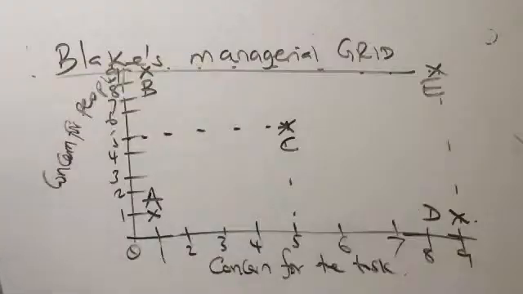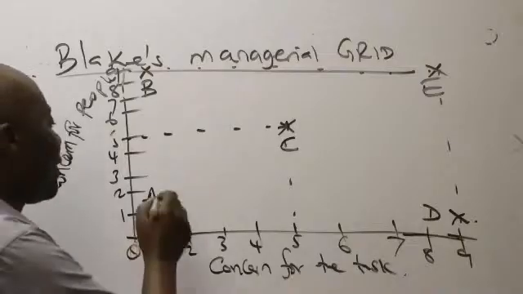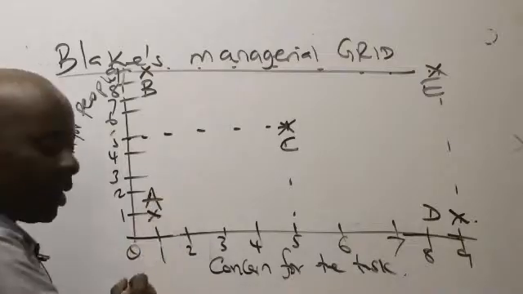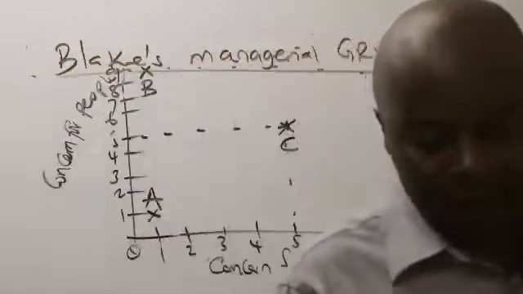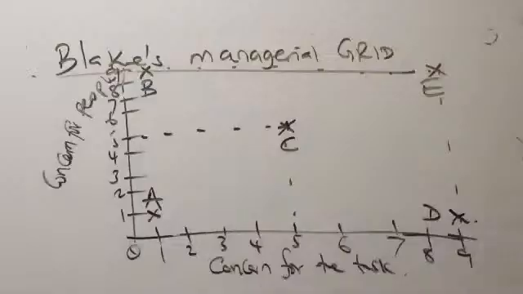So manager A is who? What characteristic does he exhibit? This one we call the impoverished style. So A is the impoverished style. Let me try to zoom my camera for me to get space to write.